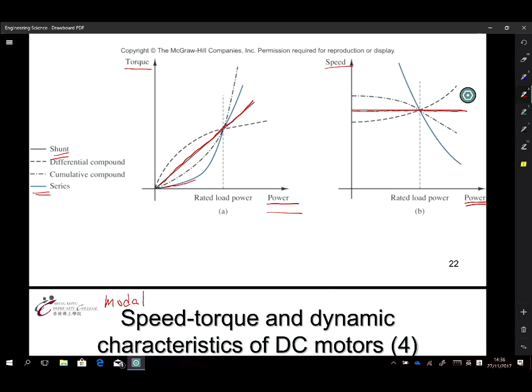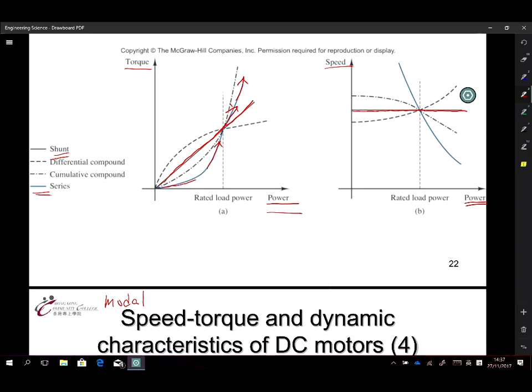But after certain values, the torque increases and increases. That means the rate of increase of the torque is increased.